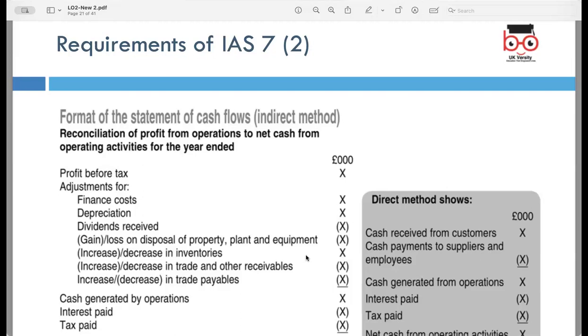The direct method details the direct way of presenting cash flows from operating activities. It details actual cash receipts and payments, providing a clear view of cash movements related to customers, suppliers, and employees.